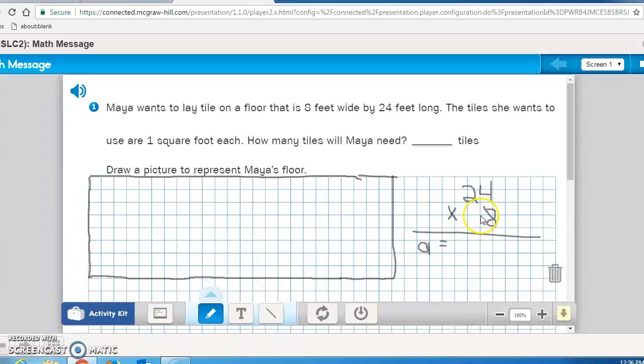I do the ones place first. 8 times 4 is 32. Just like adding, the last number goes down and I carry the next number to the next column. 8 times 2 is 16, plus 3, 17, 18, 19. So how many tiles is she going to need? She is going to need 192.